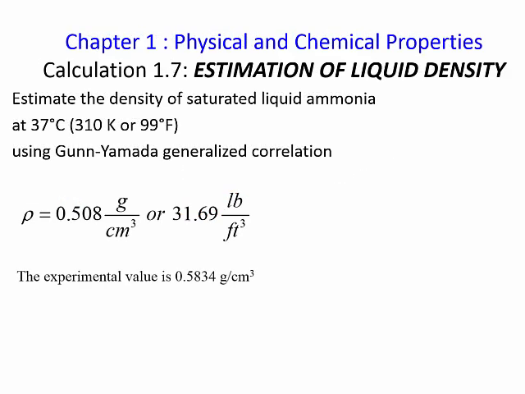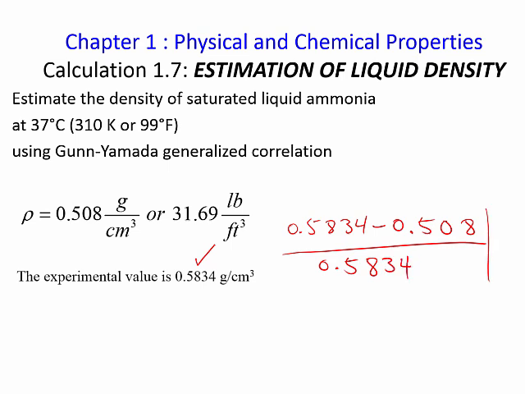Note that the experimental value for density is 0.5834, so we can calculate the relative error as 0.5834 minus the value that we just calculated as 0.508, divided by the experimental value.